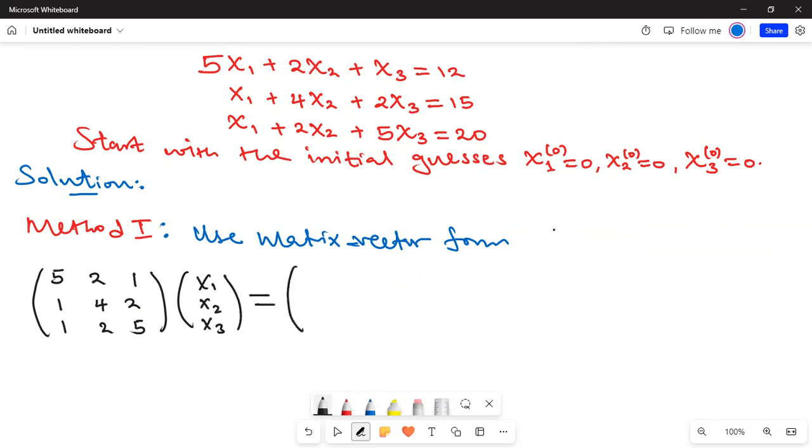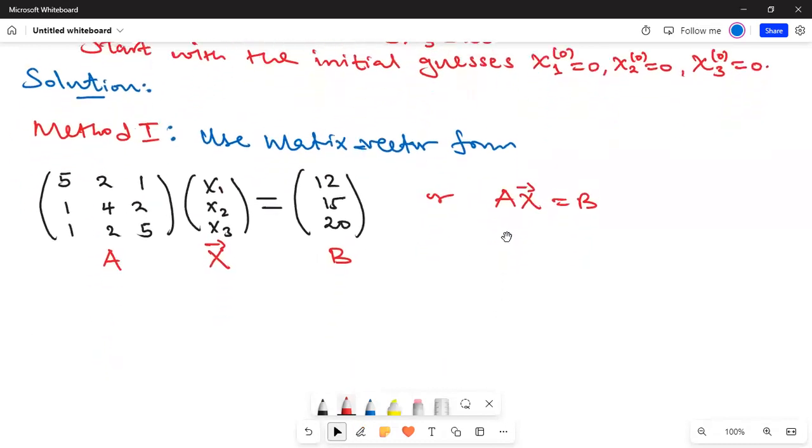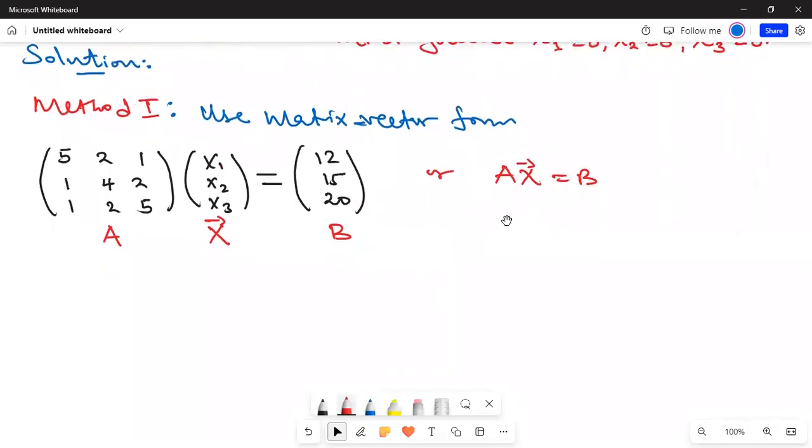The solution matrix, or in general, A times X is equal to B. Remember, AX is equal to B, where A is the matrix of coefficients, X is the unknown column vector, and B is the solution matrix.